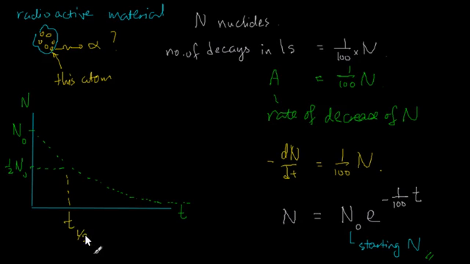Let's say after a time t half, the starting amount comes down by half. Then you'll find that after the same time t half, meaning the time would be 2 t half, this amount would come down by another half to become 1/4, and so on. Okay, so this is a behavior that this function would have.